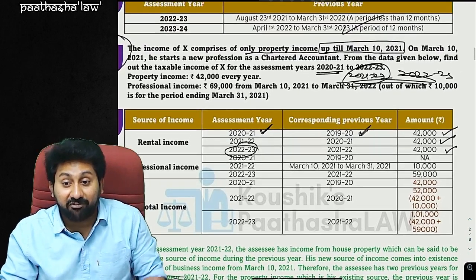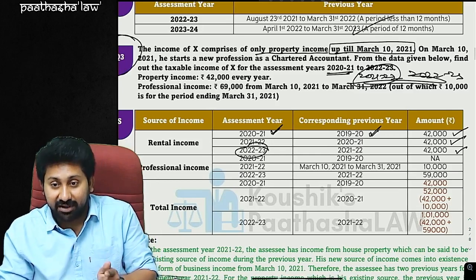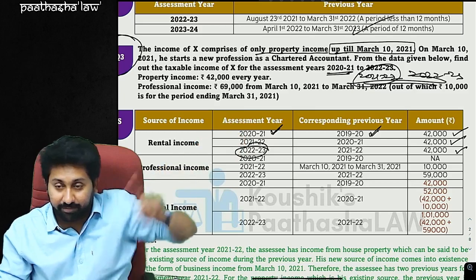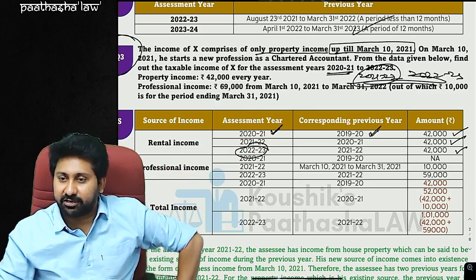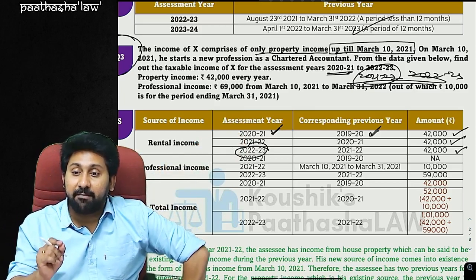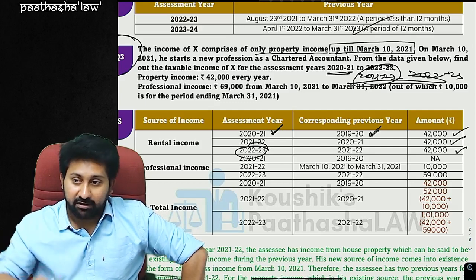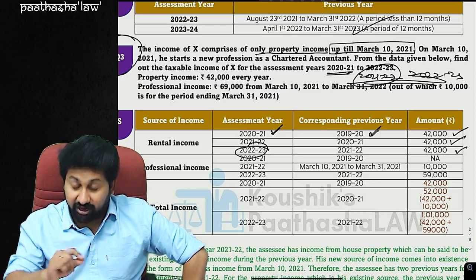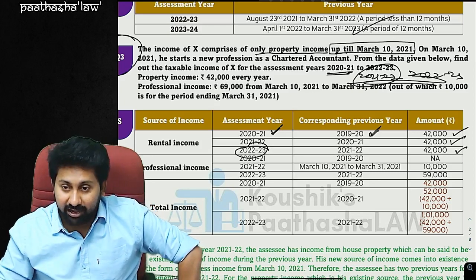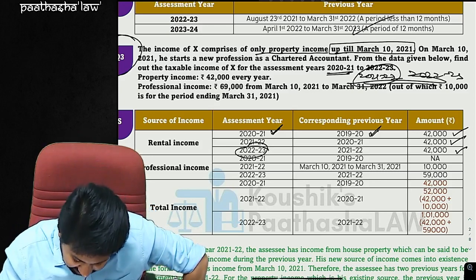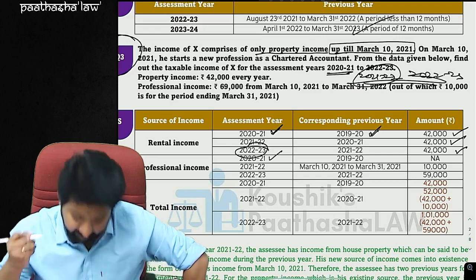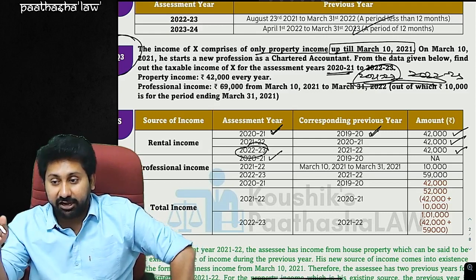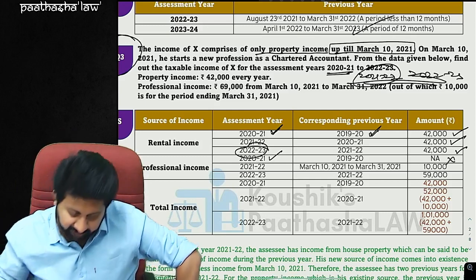Professional income started from which date? Professional income has started from 10th March 2021. One important observation: the new source of income came in which year? 2021, which falls under the financial year 2020-21. So for the first assessment year, previous year will be 2019-20, and professional income is not available.